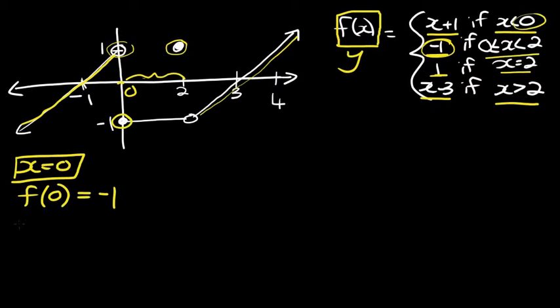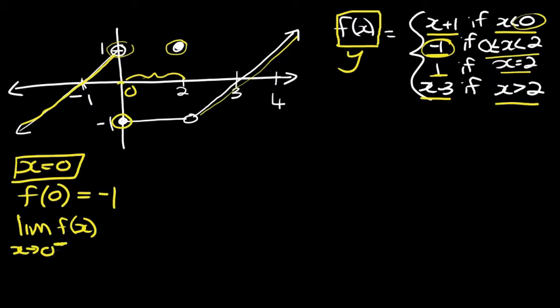But looking at the limits, first we consider the limit of f(x) as x approaches 0 from the negative side. This is important because we can approach the limit from the right or the left hand side, from the positive or the negative side.